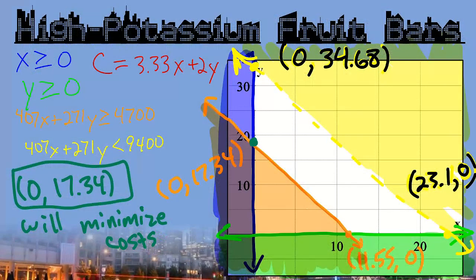It is the 17.34, or I think it might tell you to round to the nearest tenth, so 17.3. Does it say where to round to, Sam? Yeah, 17.3.